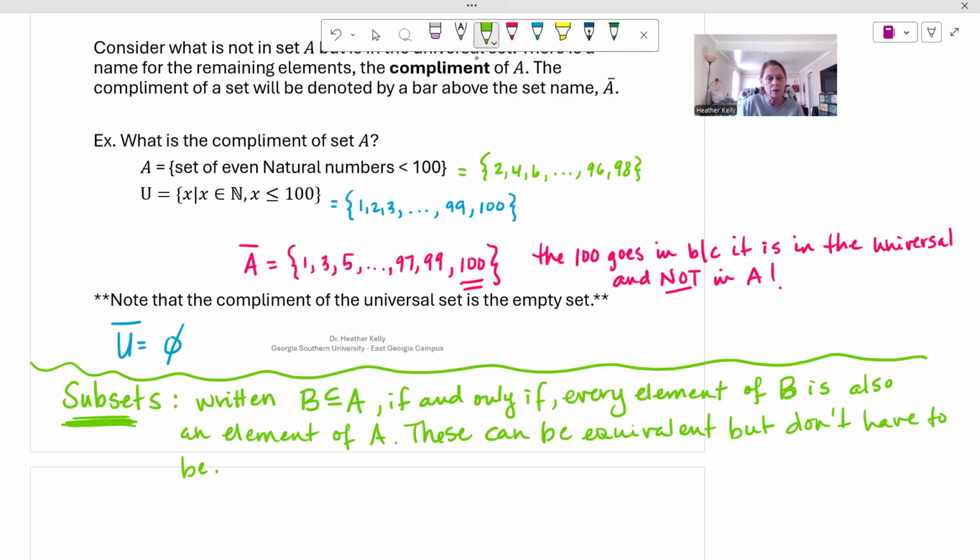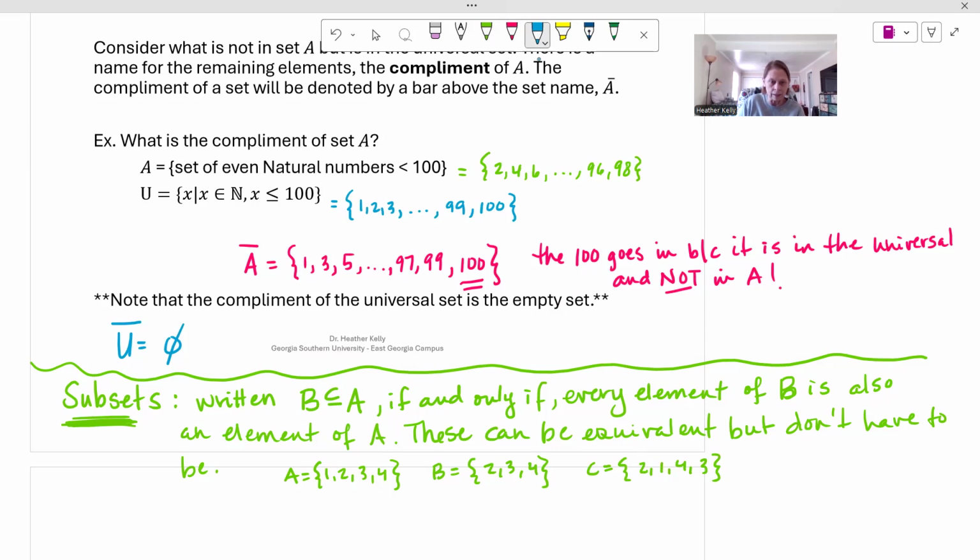And so let me just give you a little example here. Let's just say A is 1, 2, 3, 4, and B is 2, 3, 4, and then let's say C is 2, 1, 4, 3. So let's make a couple of statements here.